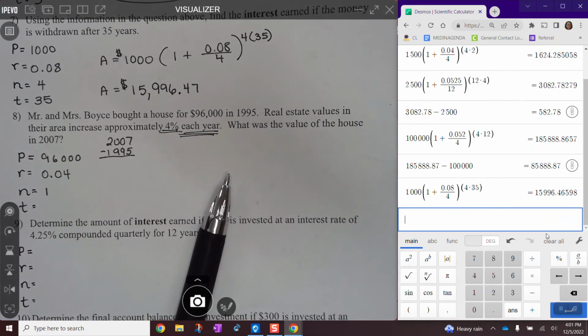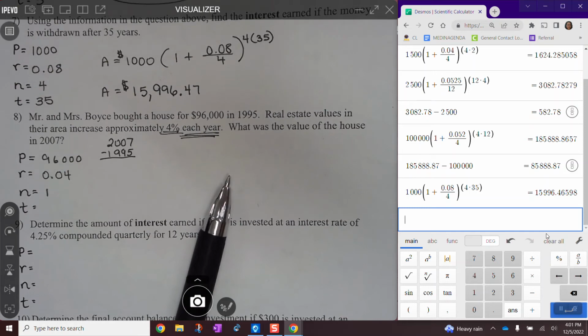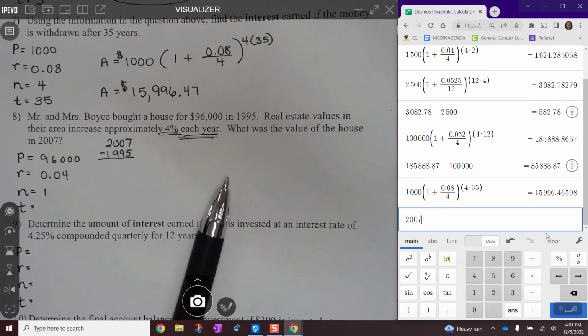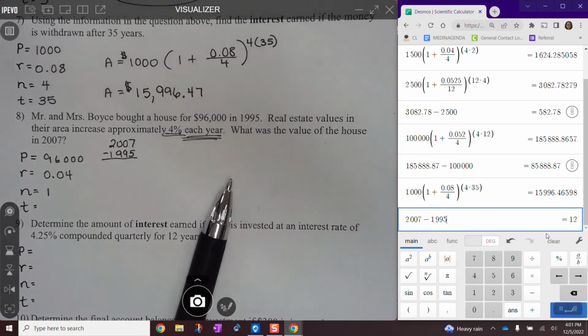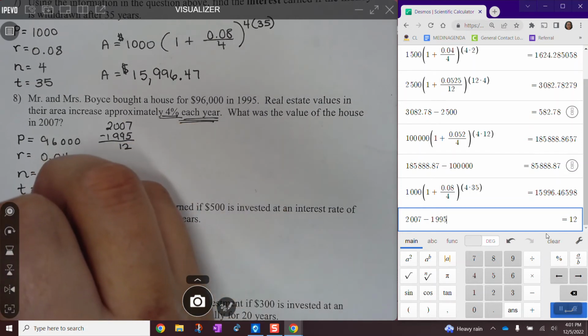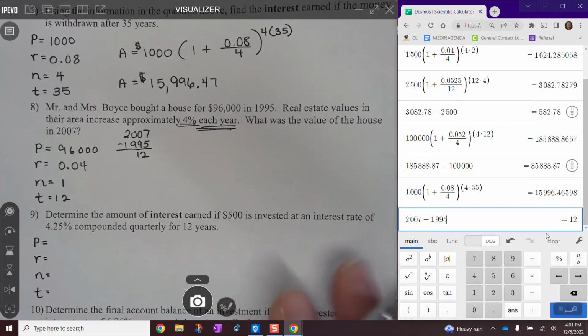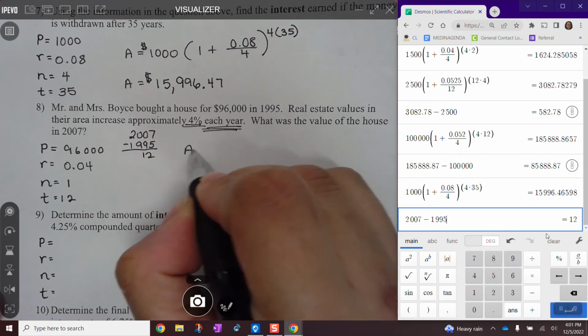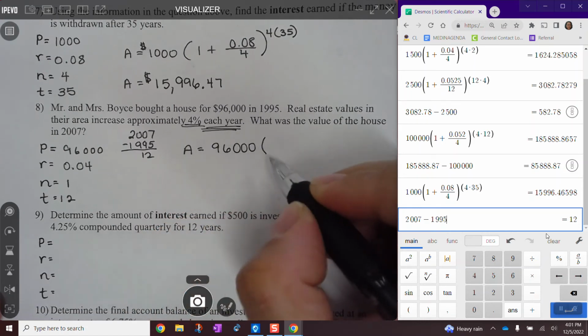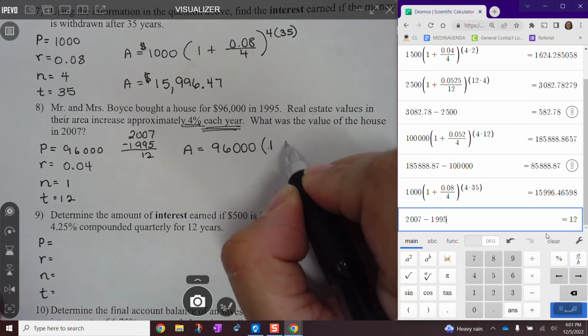Who knows? Was that 12? We'll see. 2007 minus 1995. All right, 12. So it's been 12 years. Okay. So A is going to be equal to, I really do wonder what their house is going to be worth now.